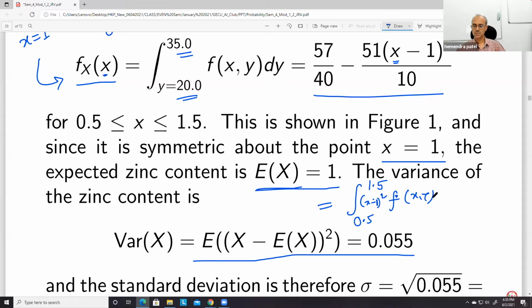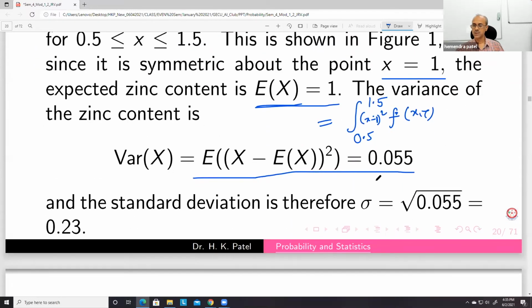So, but then how it will come out to be 0.55?